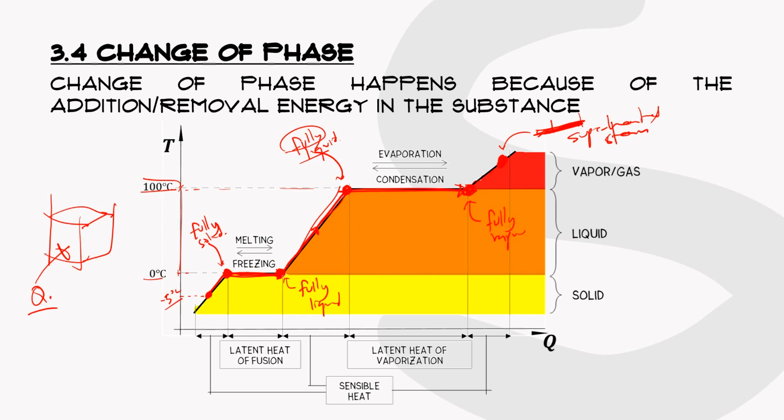So all this change in temperature and change of phase is because of the addition of energy. Now there is this term: when referring to the change of temperature, that's what we call the sensible heat. And the heat referring to the change of phase, this is what we call the latent heat.